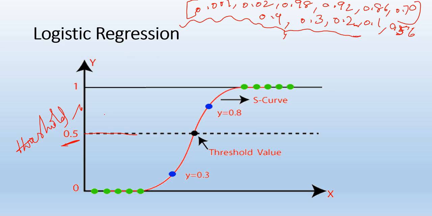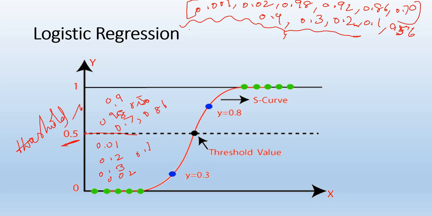It makes a line and sets a threshold of 0.5. The values which are lower than 0.5, like 0.01, 0.2, 0.3, 0.02 and 0.1, all come under 0. And apart from this, 0.9, 0.98, 0.56, 0.7 and 0.86 all come under 1.